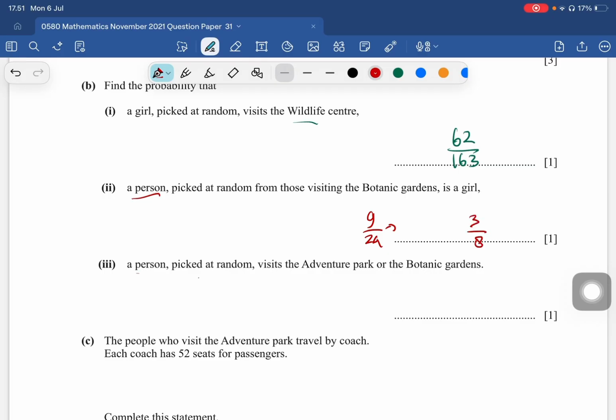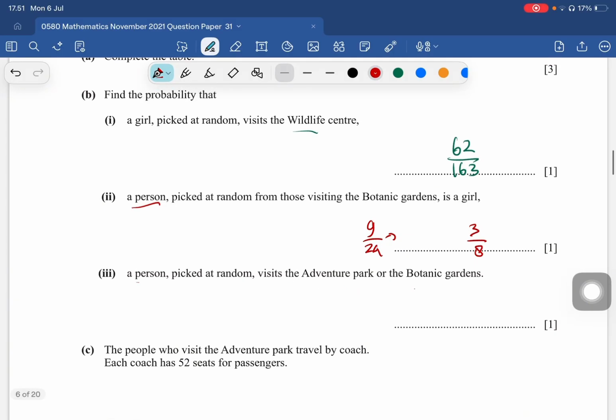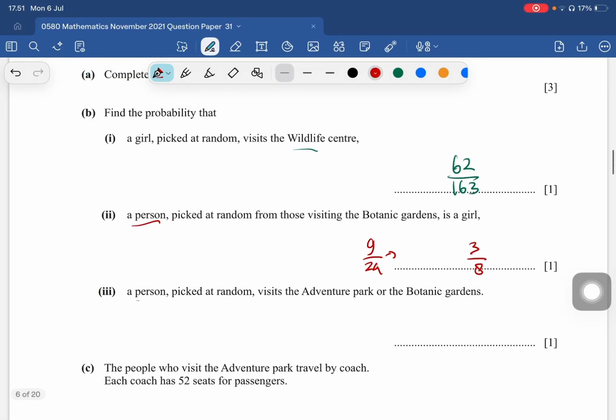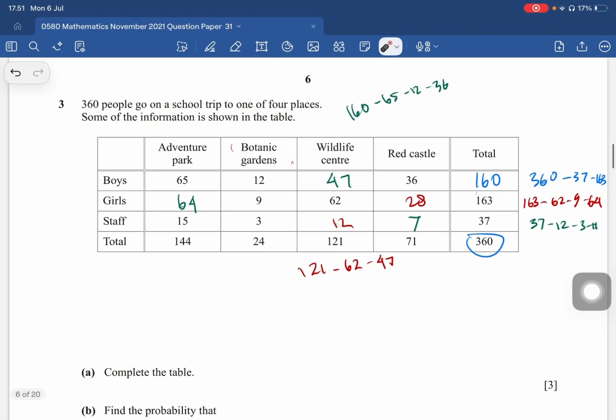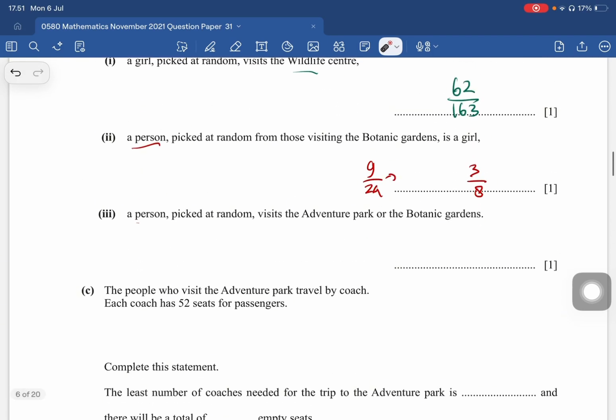Next, a person picked at random visits the adventure park, or the botanic gardens. Okay, a person picked at random, adventure park. Where is adventure park? Here it is, 1 out of 144.